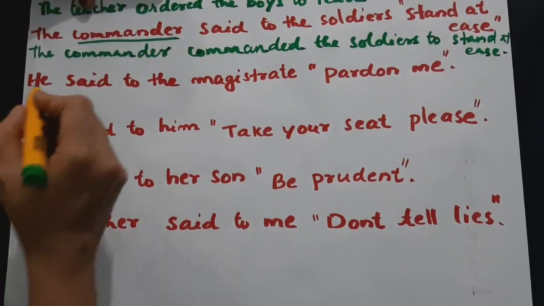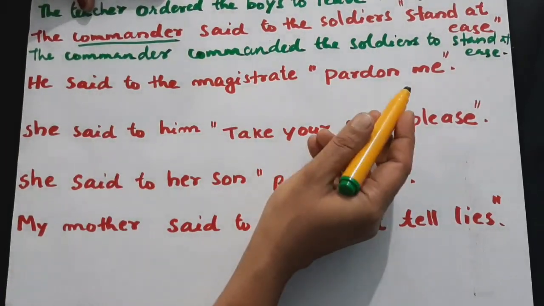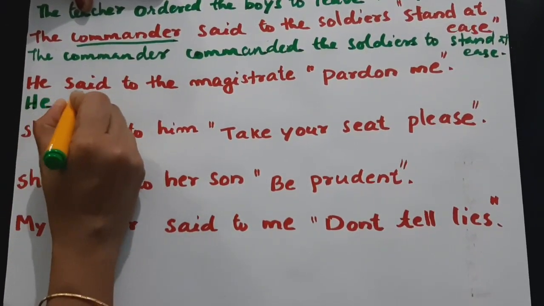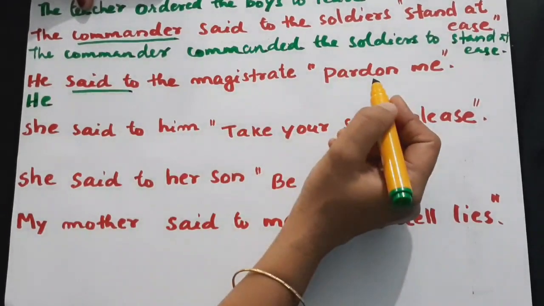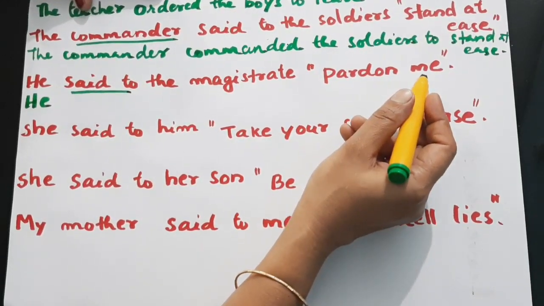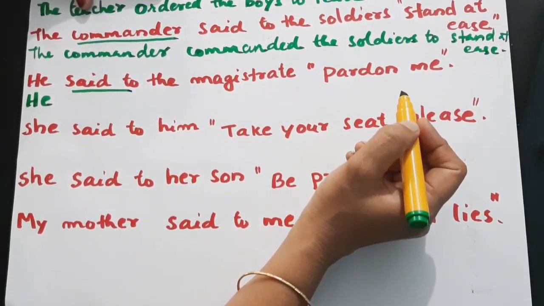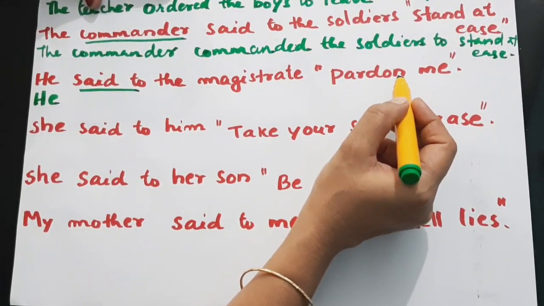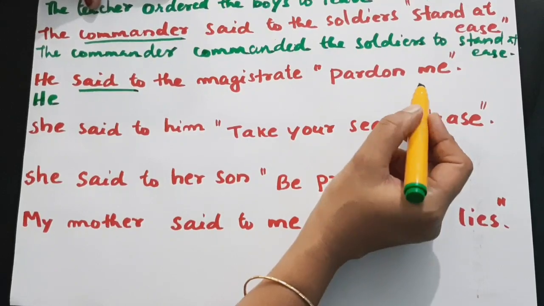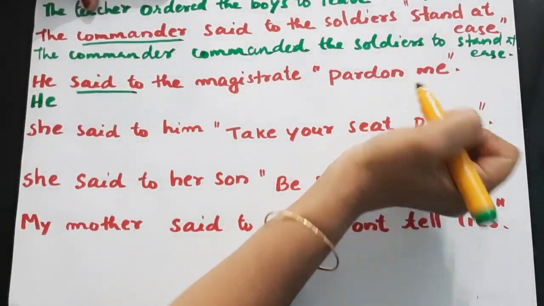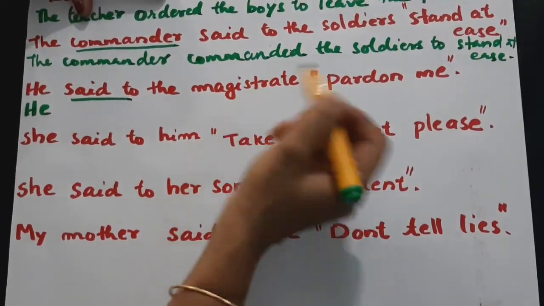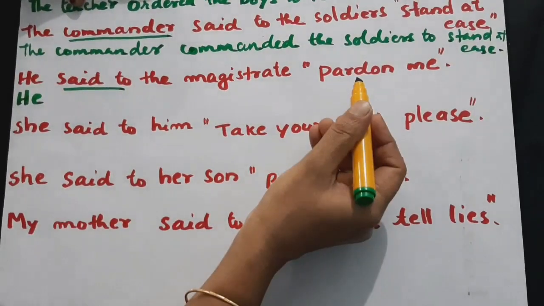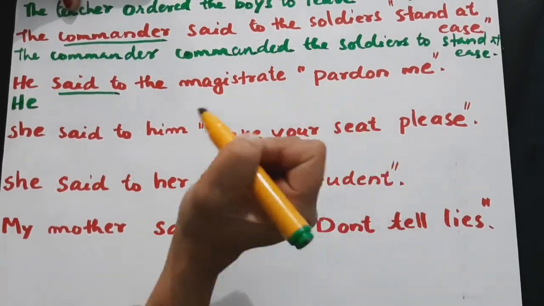Next one. He said to the magistrate, pardon me. Okay. He said to. See, just consider the sentence. Pardon me means it is a request, no? Not only that, pardon me means he is just making this request. It's actually an earnest request. No? He is requesting the magistrate to save his life. That in that sense, it can be considered as an earnest request.